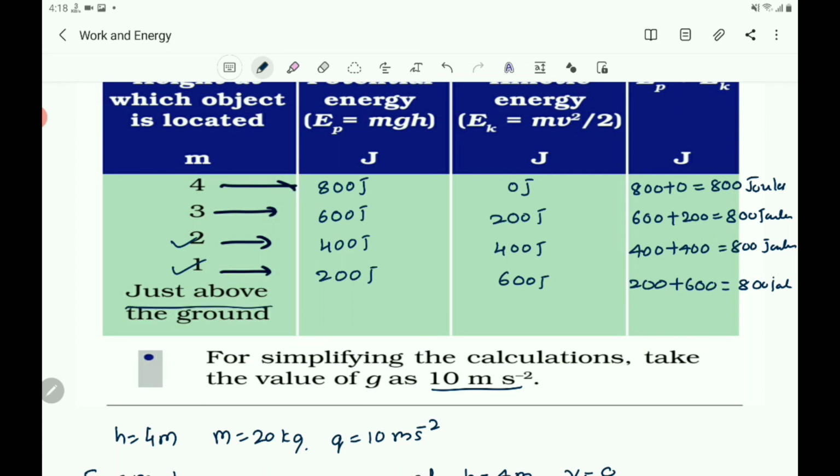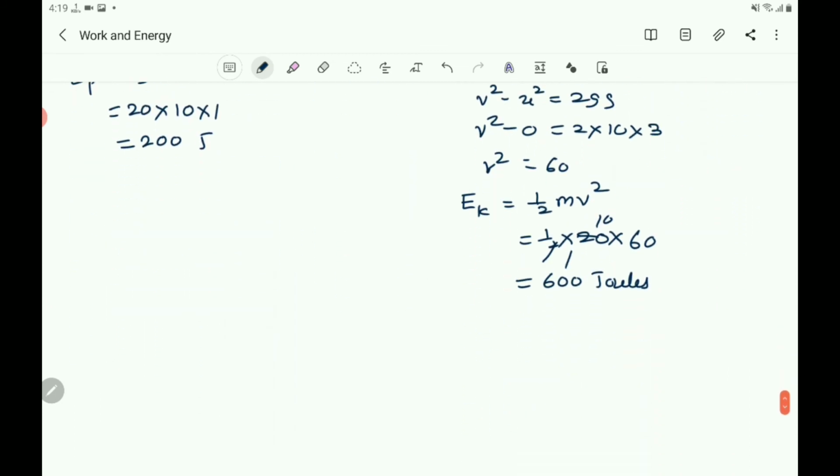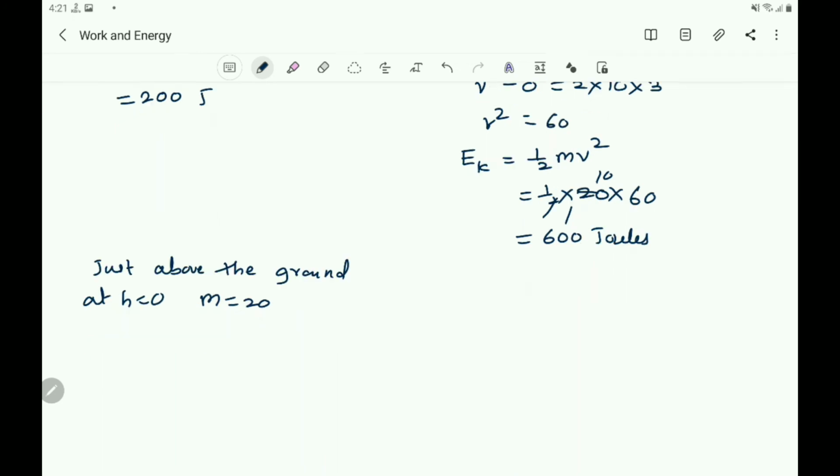Then just above the ground. Just above the ground means h becomes equal to 0. That is at h equals 0. Then m is 20 kg and g is equal to 10 m/s squared.